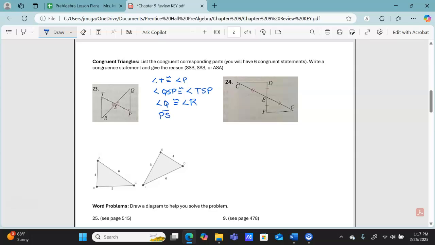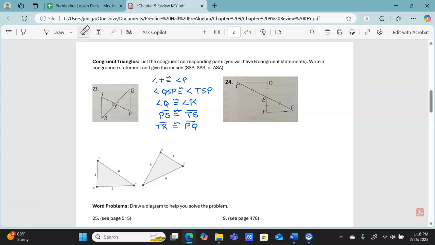PS is marked as congruent to TS, and then this side here, TR, is going to be congruent to PQ. That's this side, these two sides here.